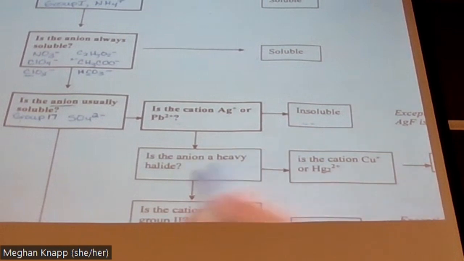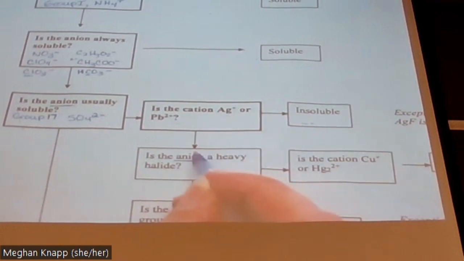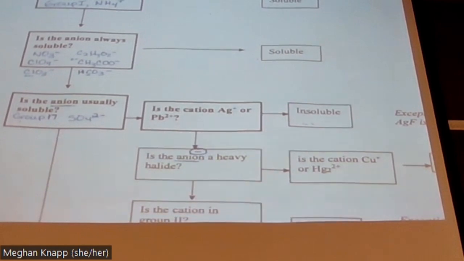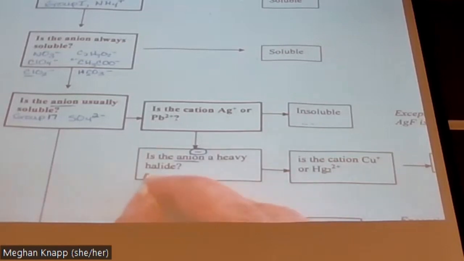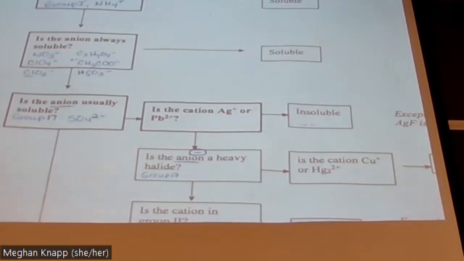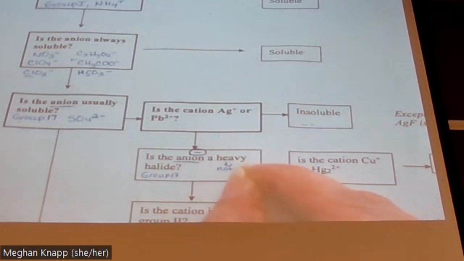This says anion, which means the negative charge. So it's the one with a negative charge, a heavy halide. Halide is group 17, right? Heavy means not fluorine. Fluorine's the light one.